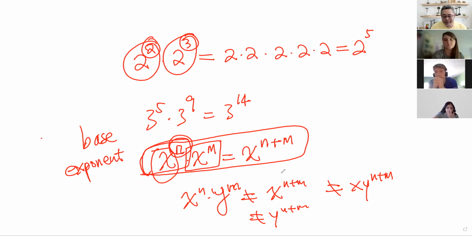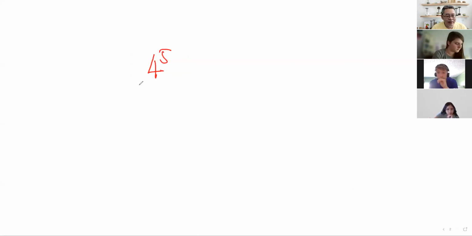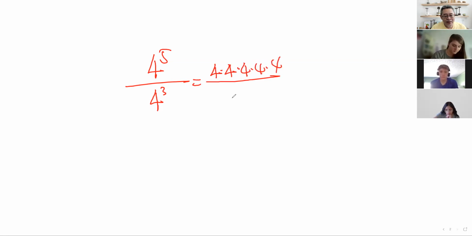So that's our first formula. Then we're looking at what we mean by, say, 4 to the fifth divided by 4 to the third. Well, we have 4 to the fifth on top and 4 to the third on the bottom. We can see that this got canceled, this got canceled, this got canceled. We got 4 to the second.